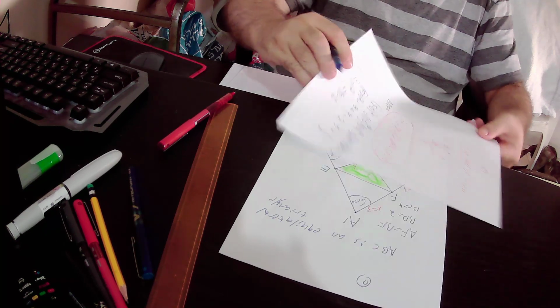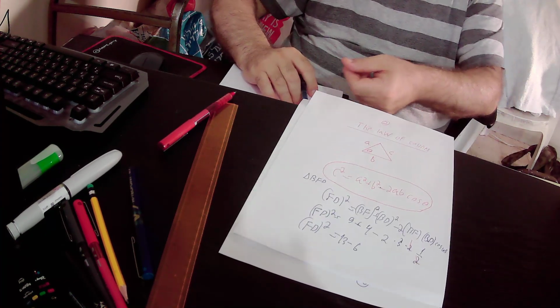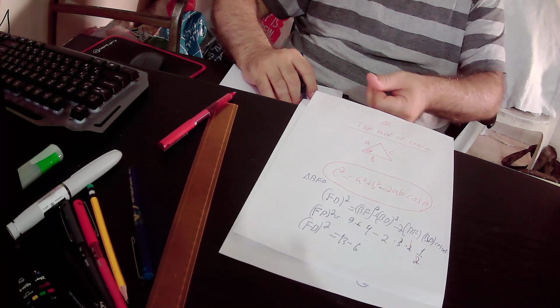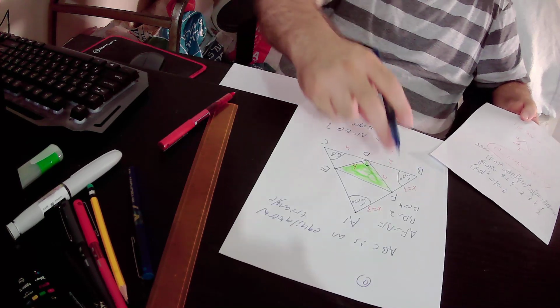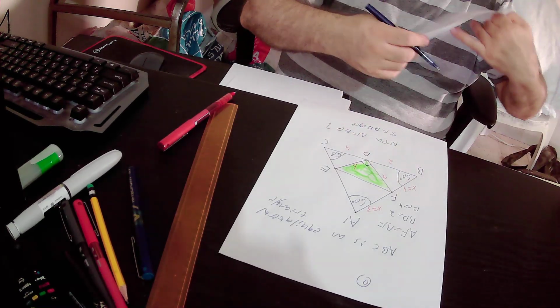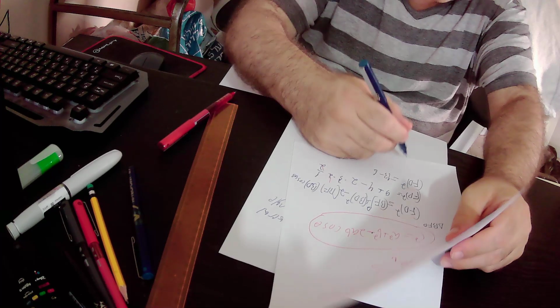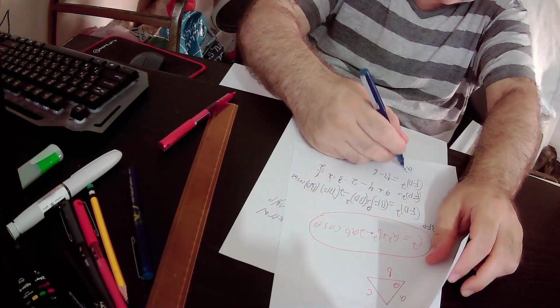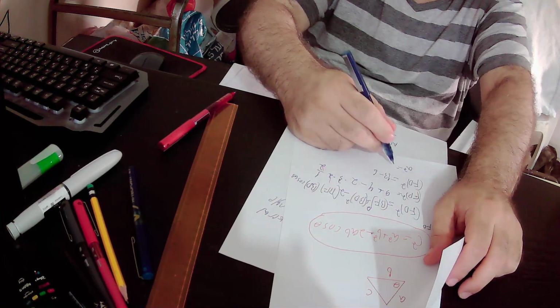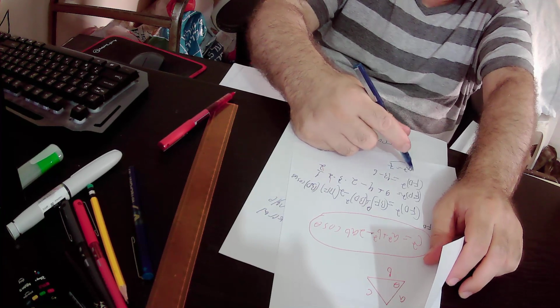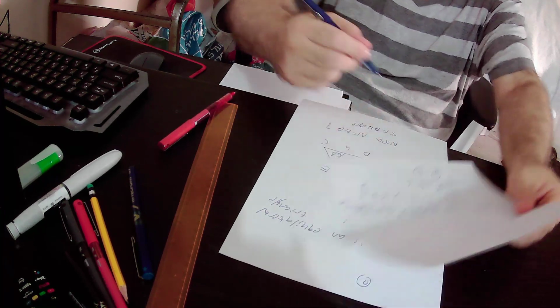But FD equals A, so we can substitute FD by A. So A square equals 13 minus 6 is 7. We got that A square equals 7.